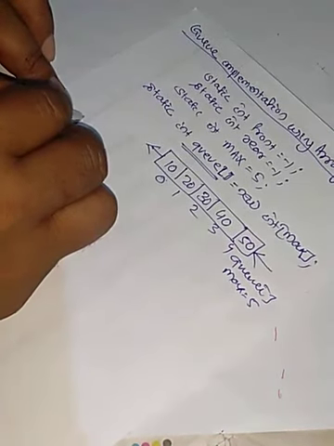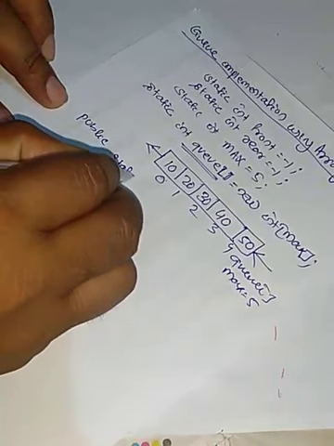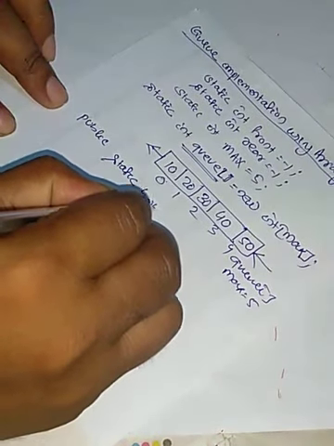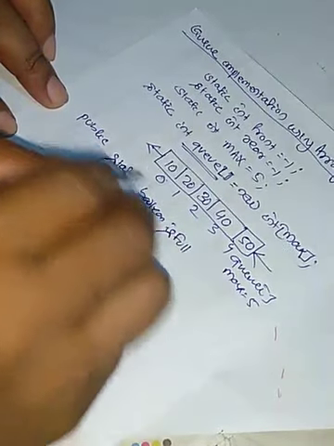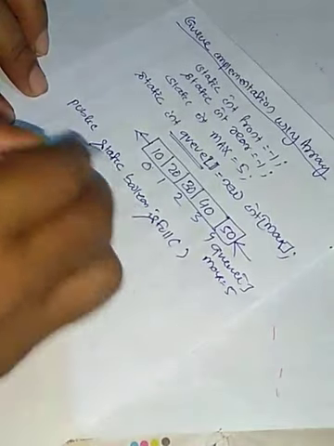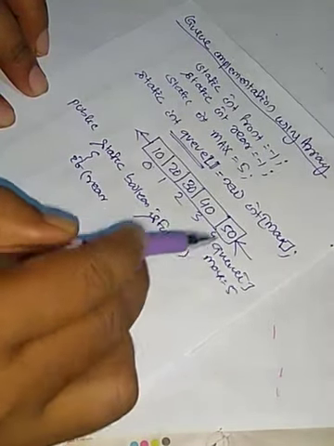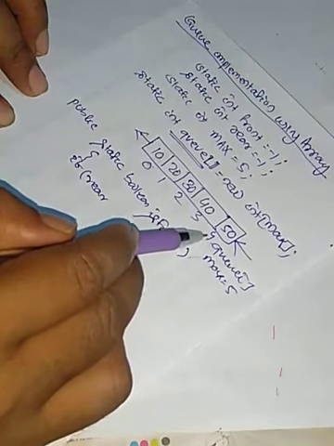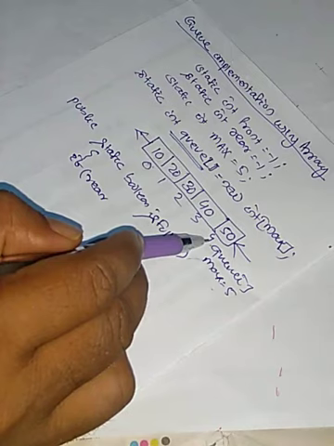We'll check whether it is full or not. The first method will be public static boolean isFull. The isFull method takes no argument. If rear, the last element, equals max - 1. If there are 5 elements, then the last index is max 5 - 1, that is 4.